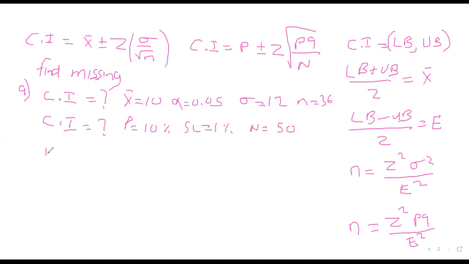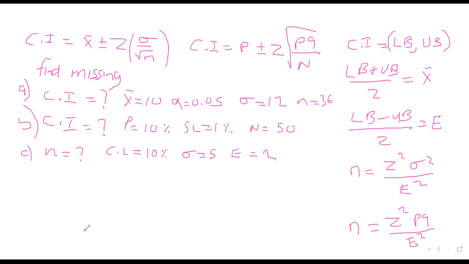Sometimes you can be asked to find the sample size n when your confidence level is 10% and your error is 2. So let's try to find these given the formulas.